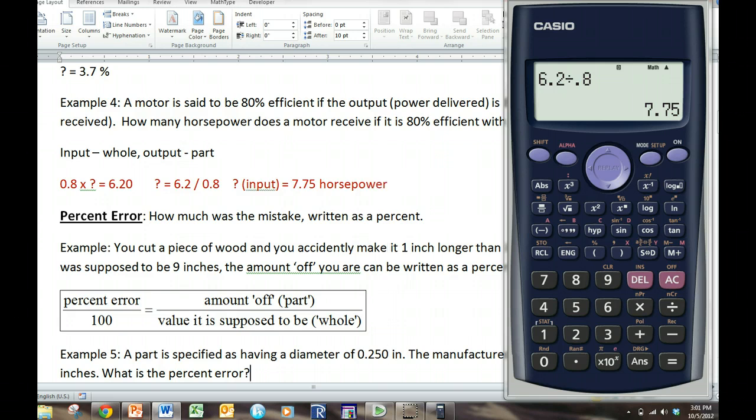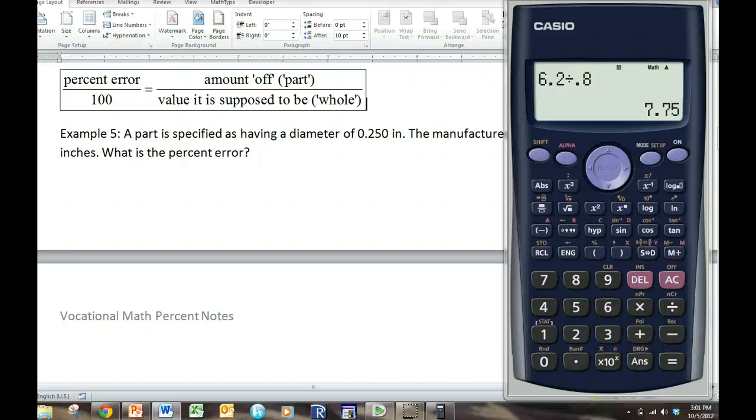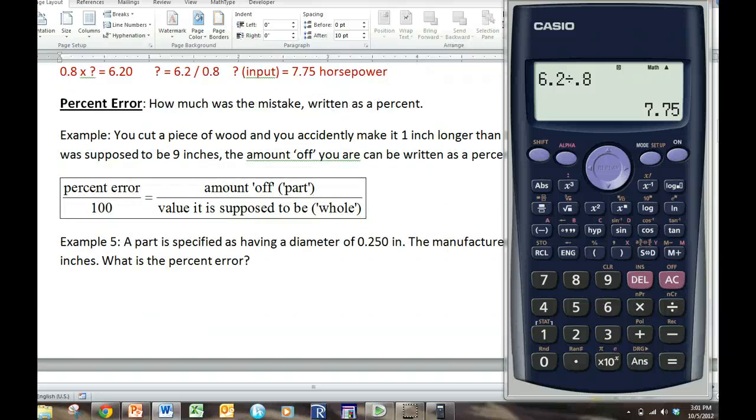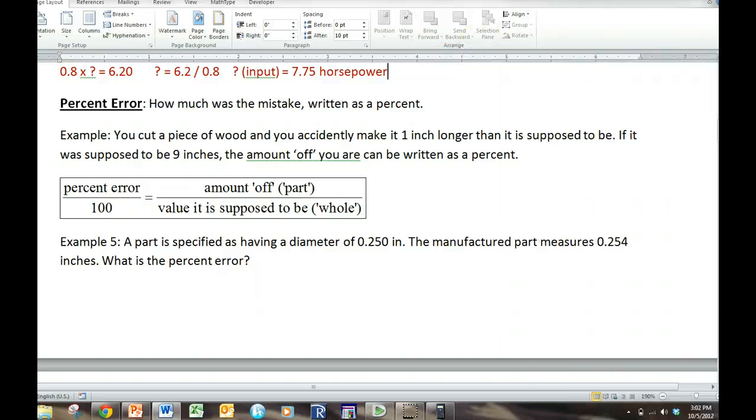So the next problem involves percent error. So how much was a mistake written as a percent? And you can see that I show how to write it using a proportion, and we're going to do an example with it. So again, let me hide the calculator and then we'll get started.